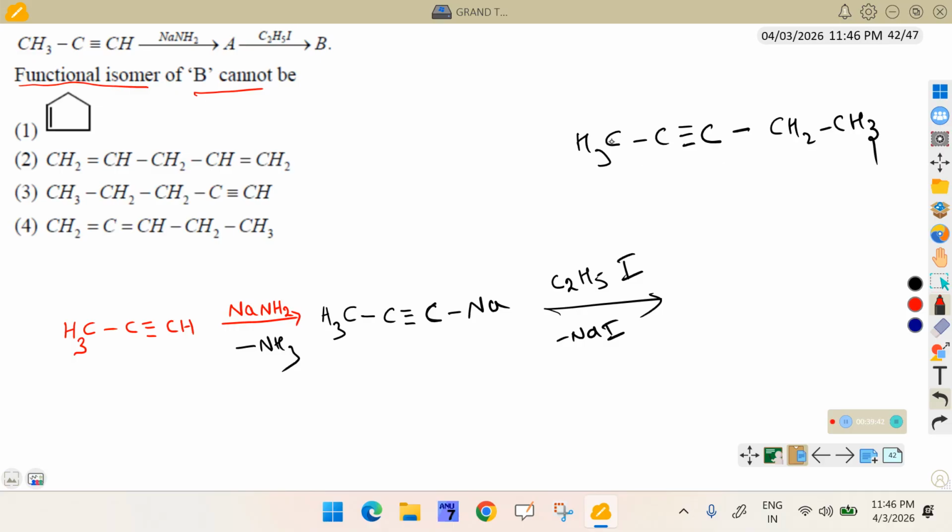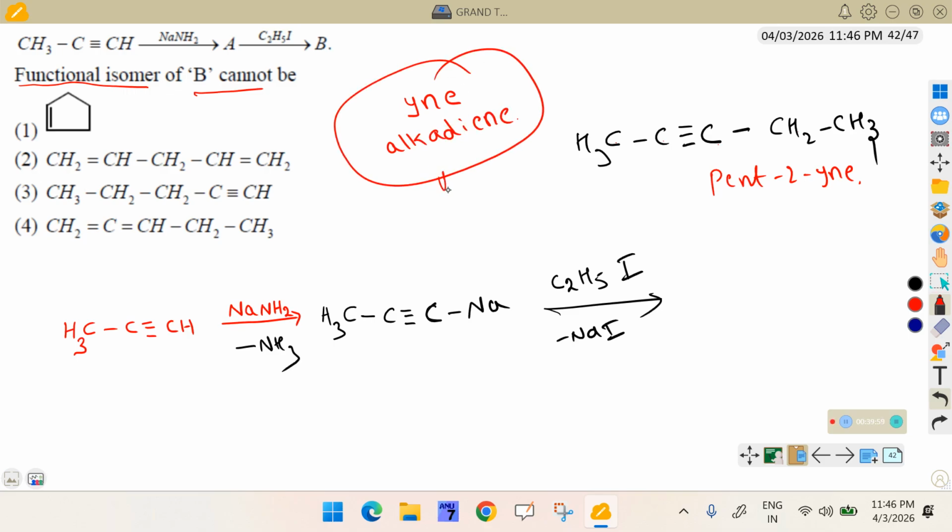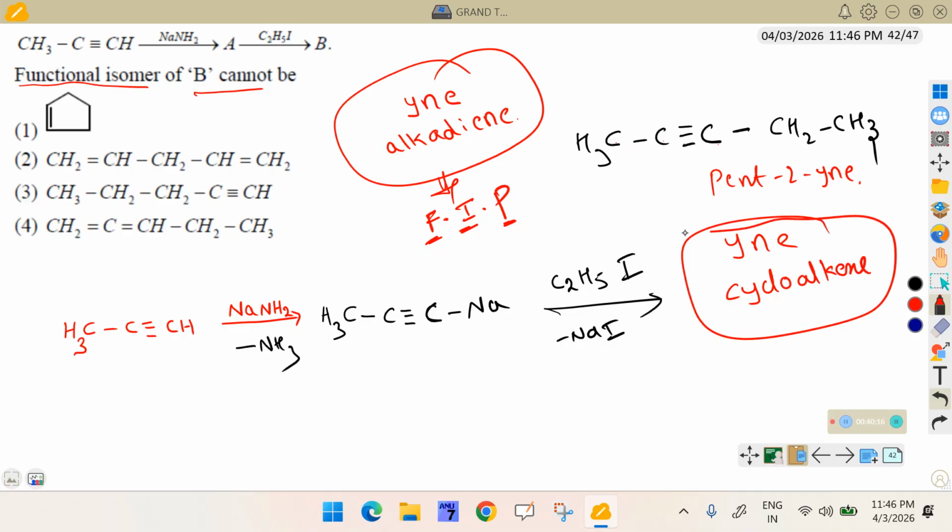Alkyne: meth, eth, prop, pent. The product is pent-2-yne. We know that alkynes and alkadienes are a functional isomer pair, as well as alkynes and cycloalkenes are also functional isomer pairs.